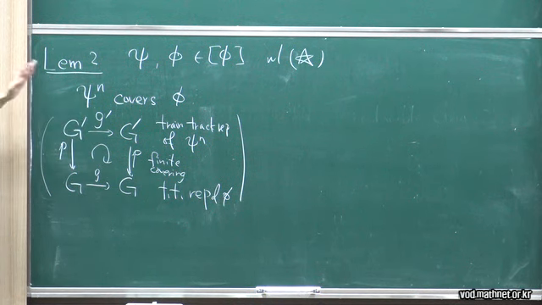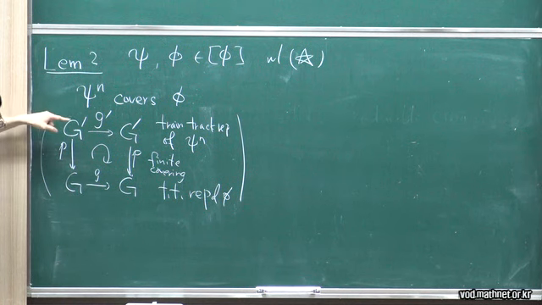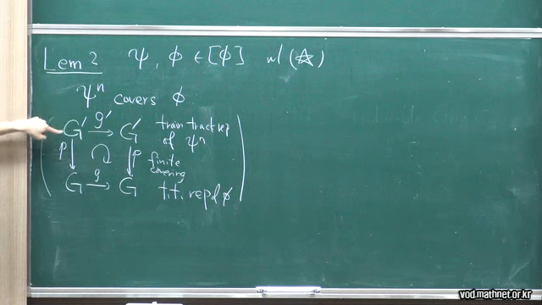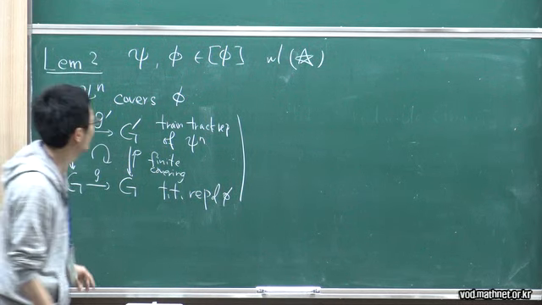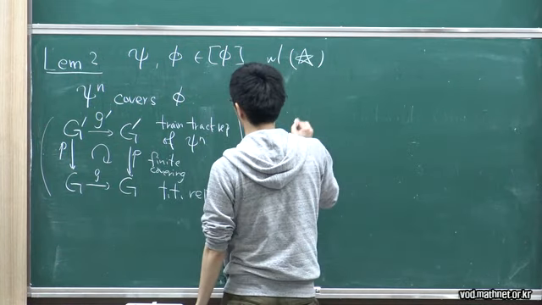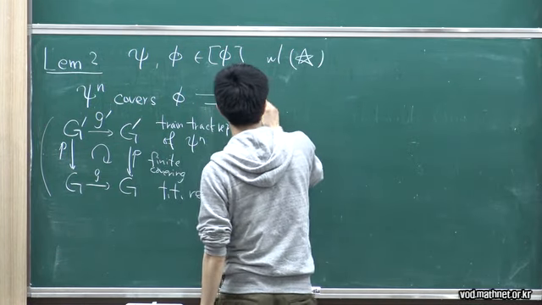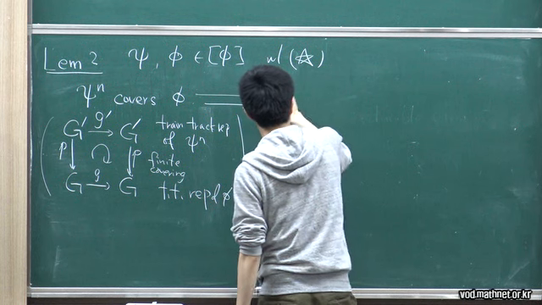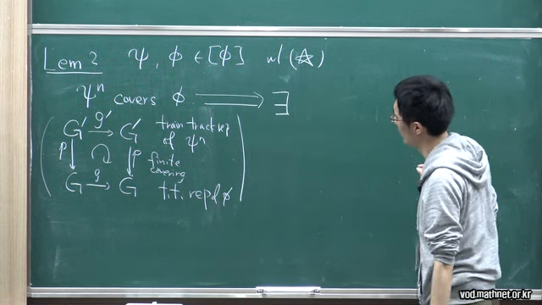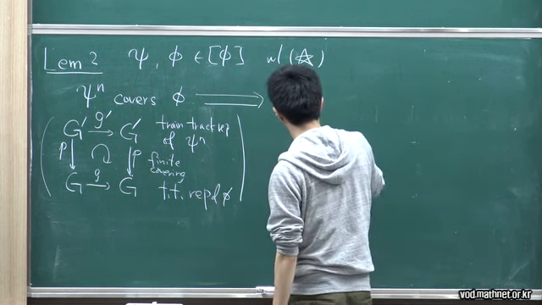But at this step, we can construct a train track representative of psi whose underlying graph is symmetric. So what I mean is that this implies we can find a train track representative like this. So let me just call it gamma.